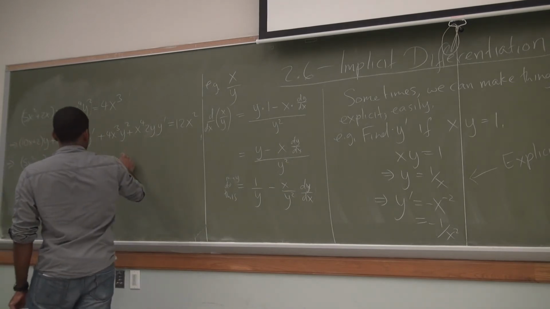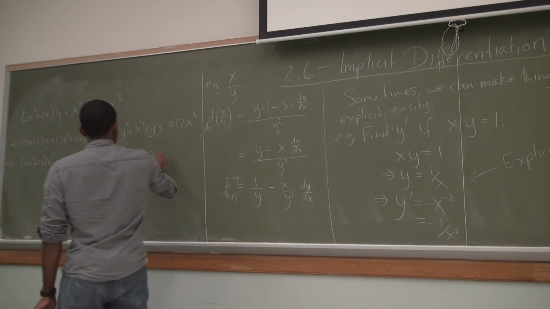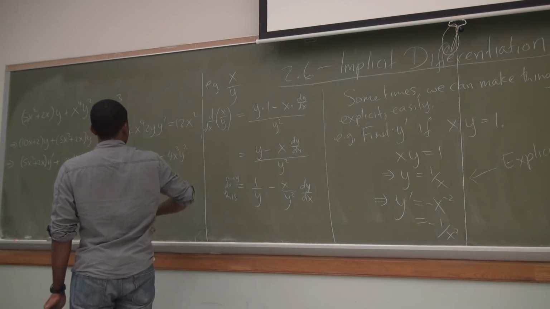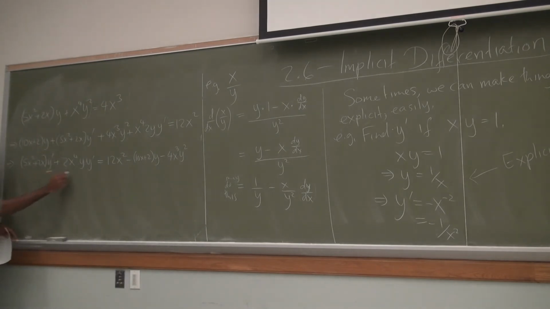I subtract this. Subtract this. That's it. And then right now, y prime is a common term. I can just factor it out and then divide by the coefficient.